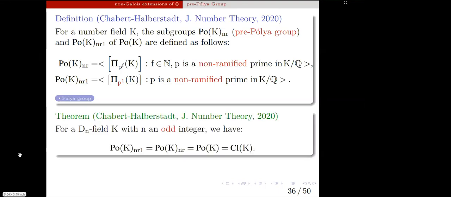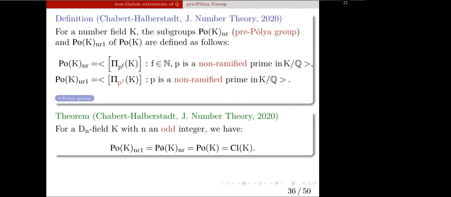Based on this definition, recently the same authors, namely Chabert and Halter-Koch, proved that for a D_n field K, when n is an odd integer, not necessarily prime, we have these equalities. It should be mentioned that a D_n field K is an example of a Frobenius extension, and by Zantema's and Chabert's results there are more general results saying that for all Frobenius extensions these equalities hold.